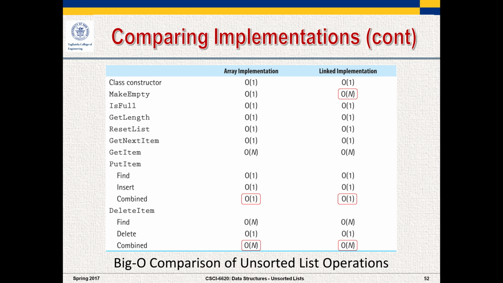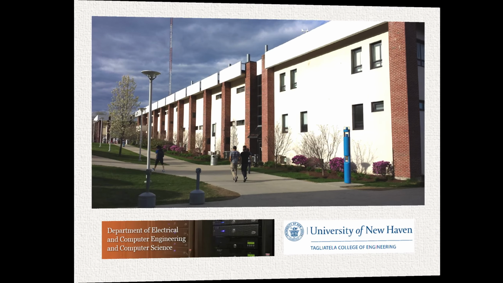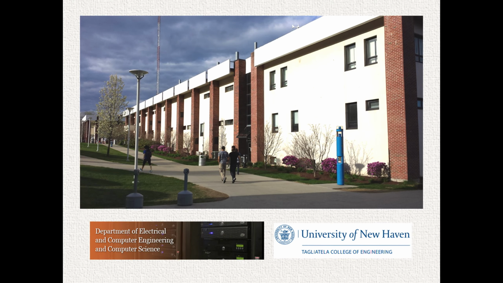However, in order to find things, and search is actually the basis for many other operations, if you look at the bottom of the chart, put item and delete item, the very first thing they both have to do is find. It depends upon the operation you're doing, but that is one of the distinctions you'll find between the two implementations. So that will wrap up our discussion of unsorted lists.